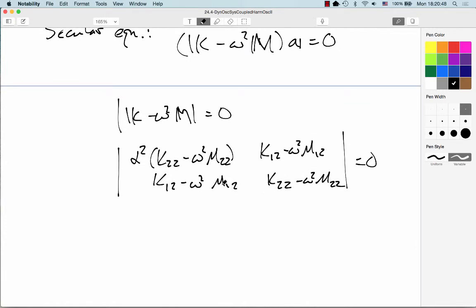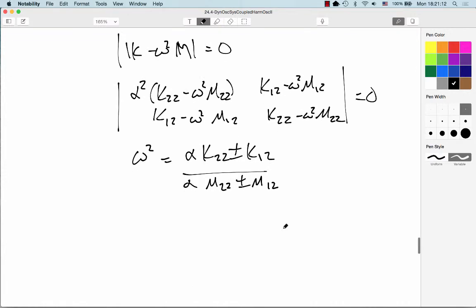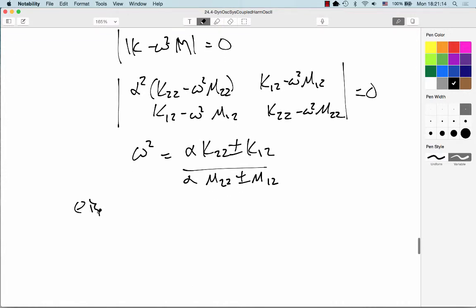In the interest of time, you can go ahead and solve for the determinant of that, and you will get the eigenvalue omega squared equals alpha k22 plus or minus k12 over alpha m22 plus or minus m12. And the eigenvectors are 1 over alpha and minus 1 over alpha.